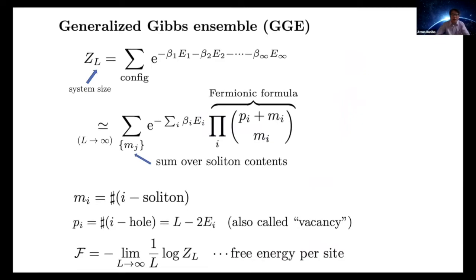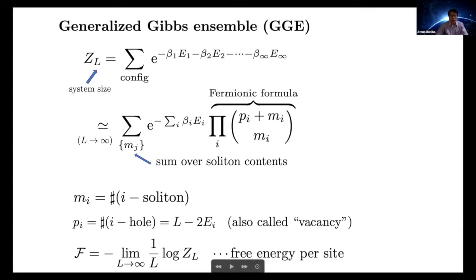Now the generalized Gibbs ensemble. The partition function is formally like this. It's a configuration sum with many temperatures, actually infinitely many temperatures in general, and L is the system size. You can argue that this configuration sum can be replaced by the summation over soliton contents.